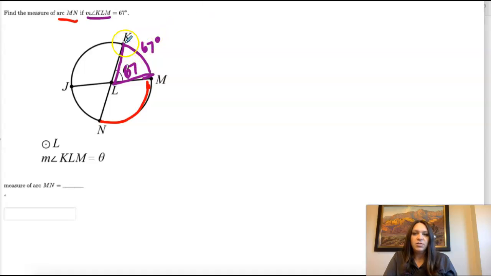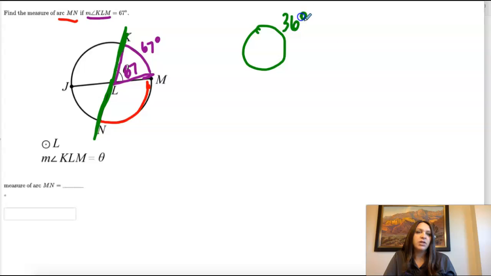And I need to use my diameter here. I have a diameter that goes through the center. What that does is it cuts the circle in half. So remember, all the way around is 360 degrees. So half of that would be 180.